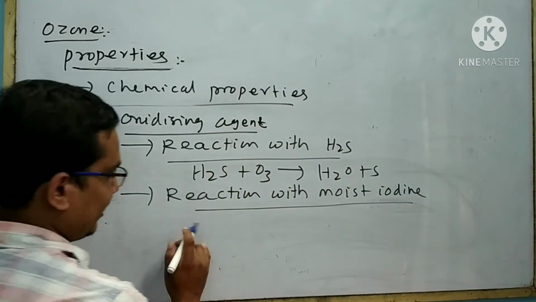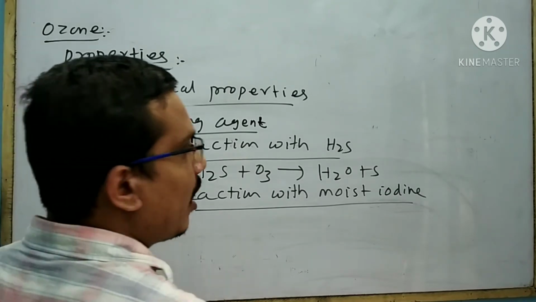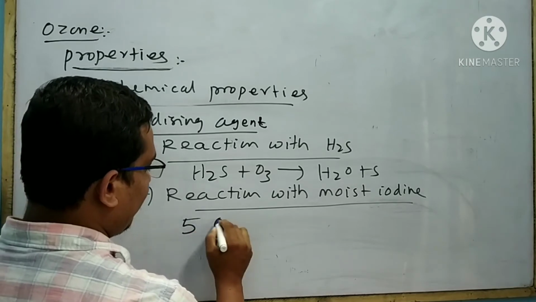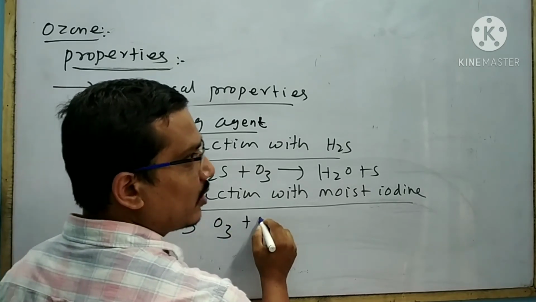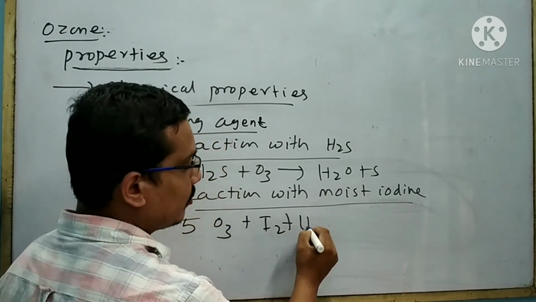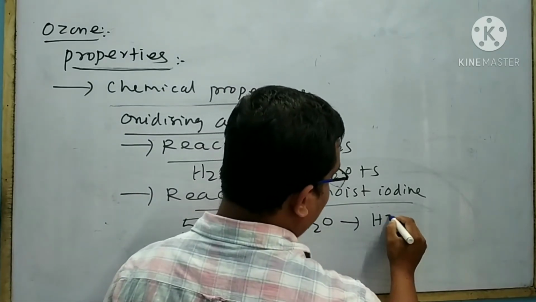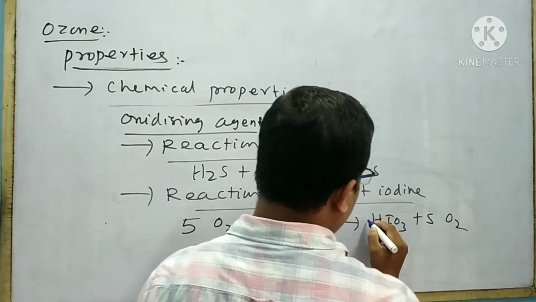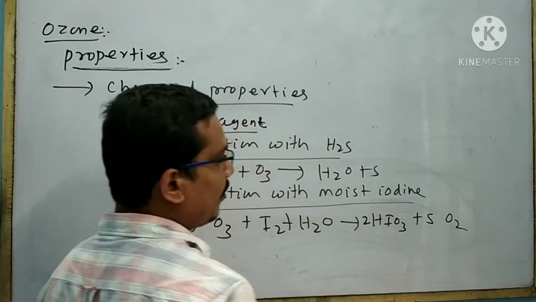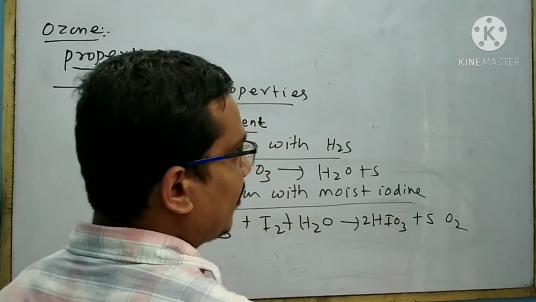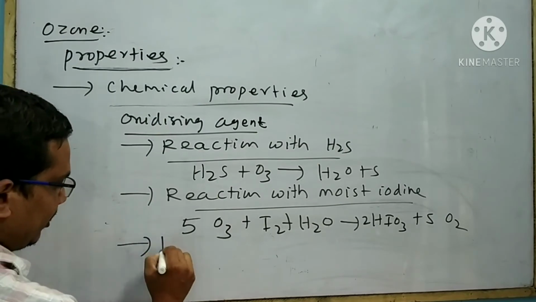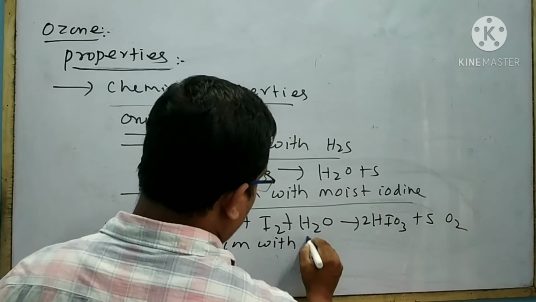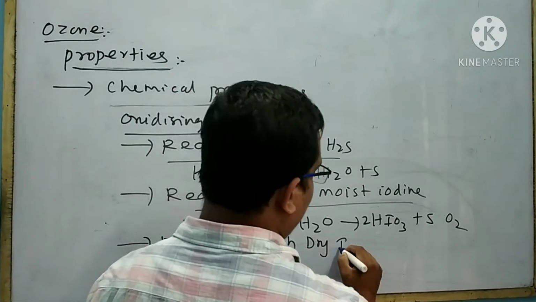Ozone can oxidize moist iodine to iodic acid. I can write the reaction like this: 5O3 plus I2 plus H2O gives HIO3 plus 5O2. Here 2 molecules of HIO3 are formed. Next is your reaction with dry iodine.